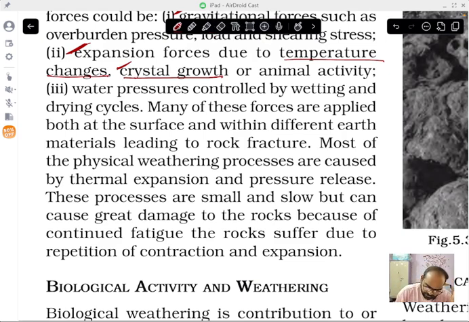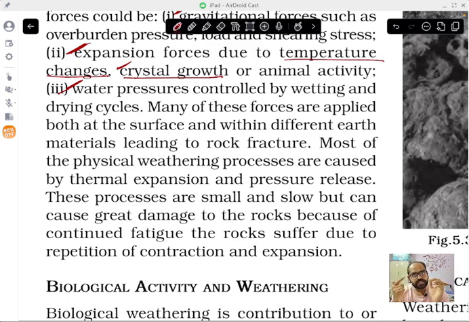Okay, third one is water pressures controlled by wetting and drying cycles. See, in glacial regions or high latitude regions, the water freezes in the winter season, and after the winter season, the water gradually liquefies. Okay, whenever the water liquefies, it enters into the pores of the rock, and it stays in those pores of the rock.